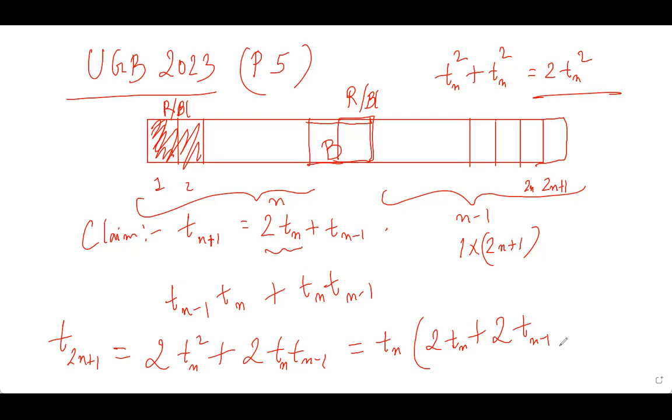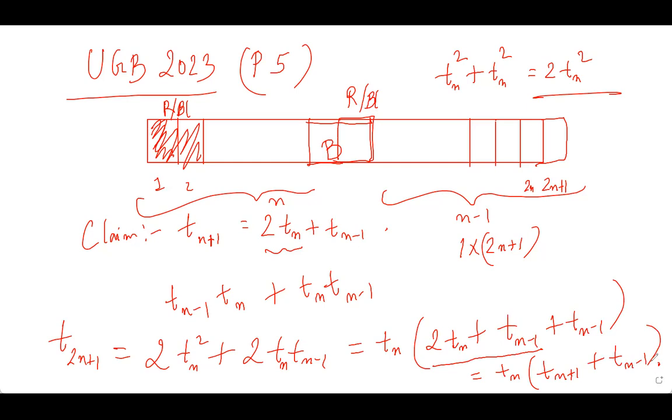I'm writing it this way because I know that 2Tn plus Tn minus 1 is Tn plus 1, so that's why I'm breaking this up and writing it as Tn minus 1 plus Tn minus 1. This is nothing but Tn times Tn plus 1, which I have already proved, plus Tn minus 1 there, and so we are done with the first part of the problem.